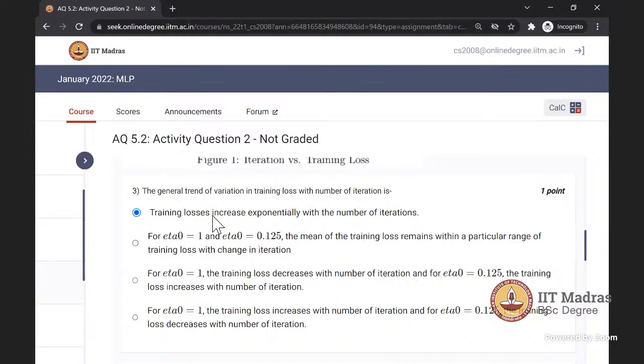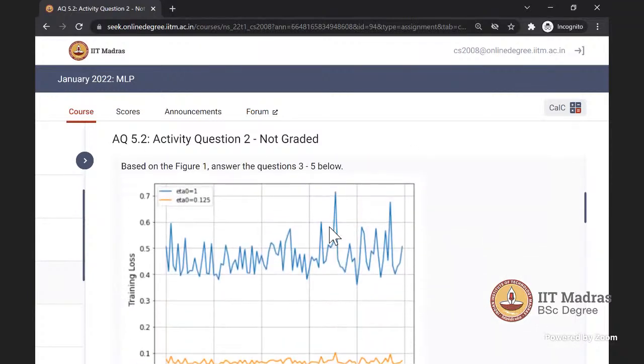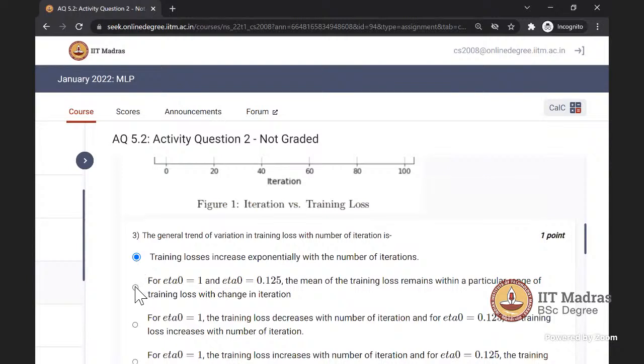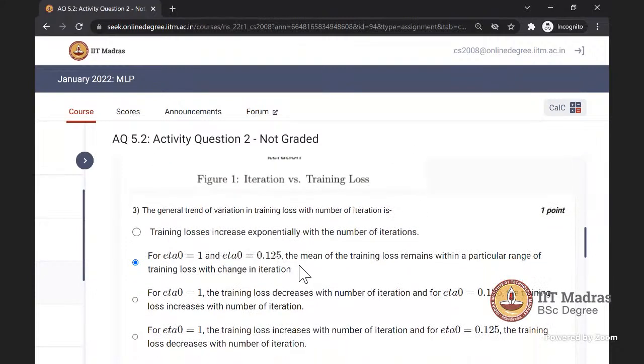Training loss increases exponentially with number of iterations. That is not entirely true. That is wrong. Option number 2: for eta 0 equal to 1 and eta 0 equal to 0.125, the mean of the training loss remains within a particular range with change in iteration.